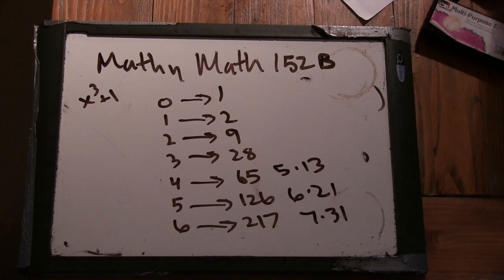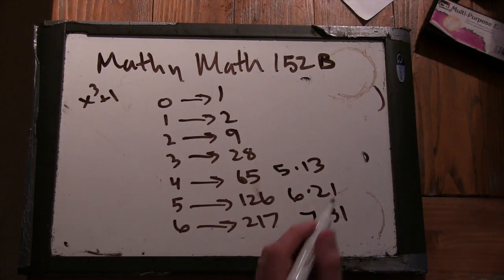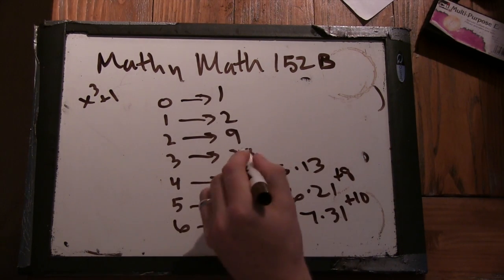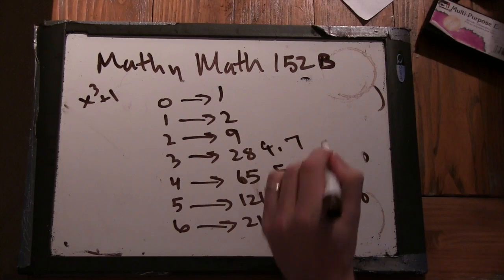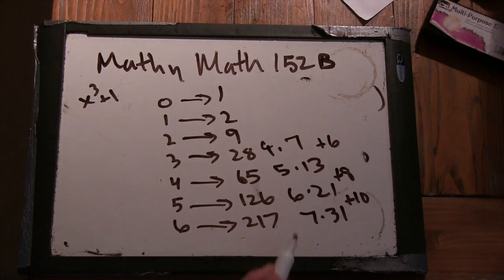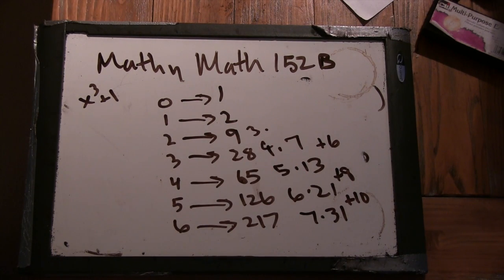You see any pattern emerging? Well, these look like they can go up by 1. This goes up by 8 and then by 10. Alright, so what do you think this one would be? 4 times 7. And 3 times 3.